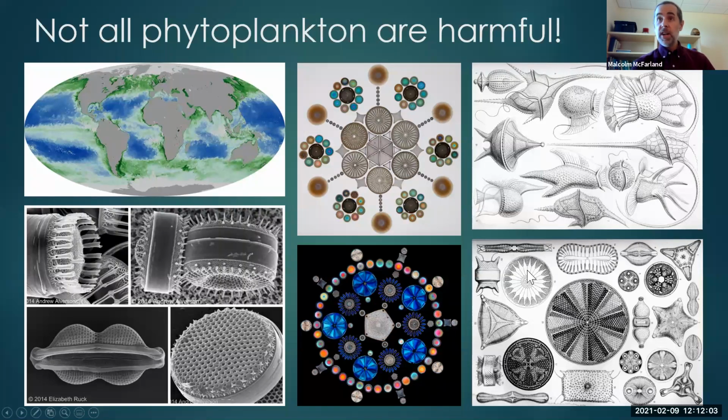So again, if you come away with anything from this talk, I hope it's that these are really a fascinating group of organisms that are not just solely responsible for harmful algal blooms. They are really an essential part of our ecosystems.